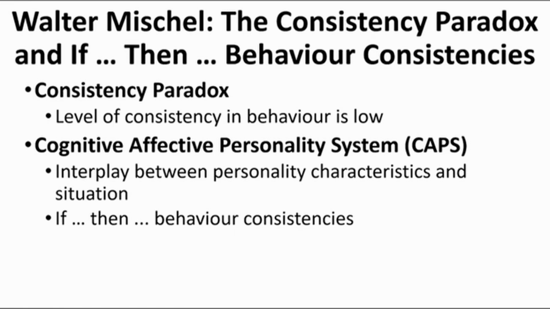If our if condition changes, then the predicted outcome, the then condition, will change as well. So we have to consider that if this particular condition is met, then we would predict the behavior to follow this particular pattern. But as we change conditions, the observed behavior also changes. So we have to consider both the personality characteristics and the situation to try and predict this behavior.